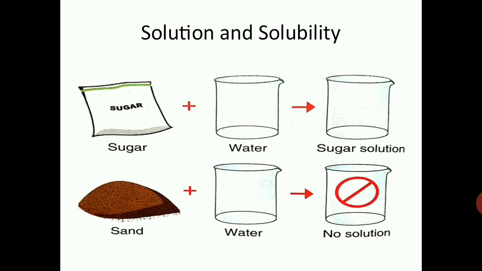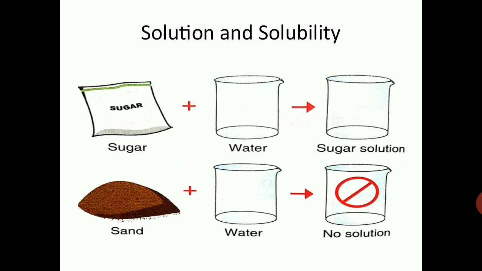The substance that is dissolved in water is called a solute. The liquid in which the solute is dissolved is called the solvent. In this picture you can see sugar is a solute, water is a solvent, and when sugar and water mix with each other, we get a sugar solution.